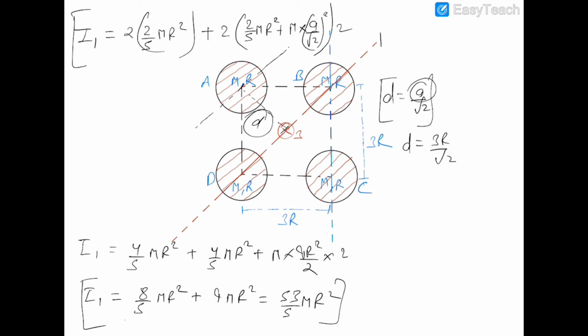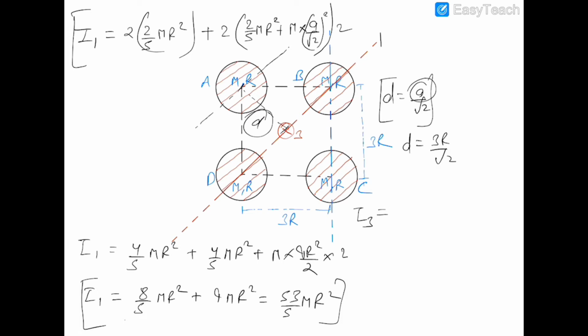So now let's find out the moment of inertia about axis 3. So about axis 3, you can see that all the spheres are equidistant from this axis 3, and the distance of the center of any one of them from this axis 3 is d, where d is 3r by root 2.